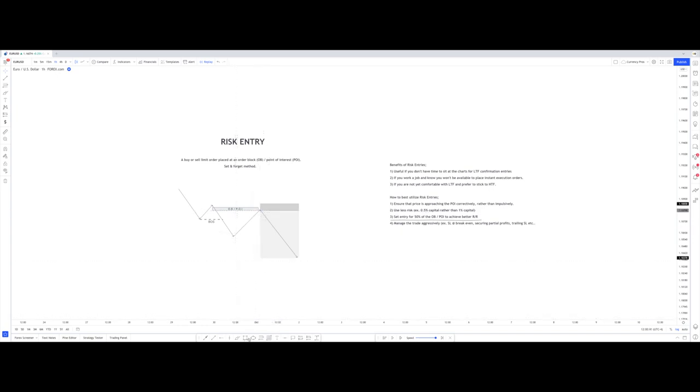So instead of doing that, you could simply drag the Fibonacci tool across the POI. It's going to be hard to see there, so I'm actually just going to do it away from it. You drag your Fibonacci tool across the whole order block / POI, and then you simply set your entry parameter for the 50%, the equilibrium, right?